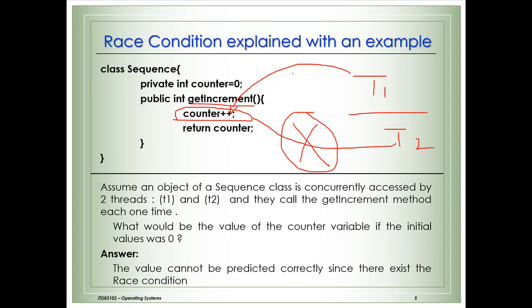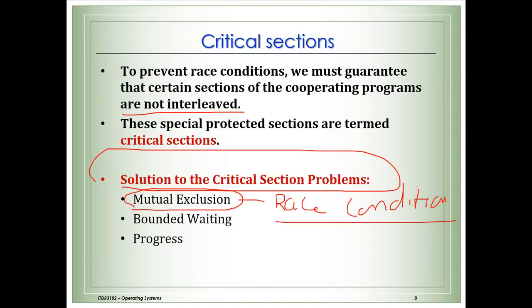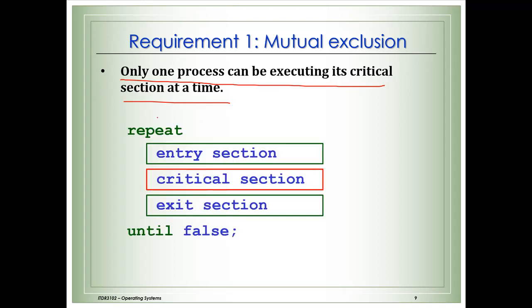It should allow only one thread at a time to go into the critical section, and this concept is nothing but mutual exclusion. Mutual exclusion means allowing only one thread to enter its critical section. Only one process can be executing its critical section at a time. Two processes cannot enter the critical section at the same time. So, this is called mutual exclusion.